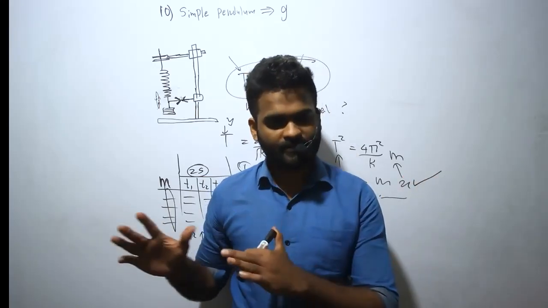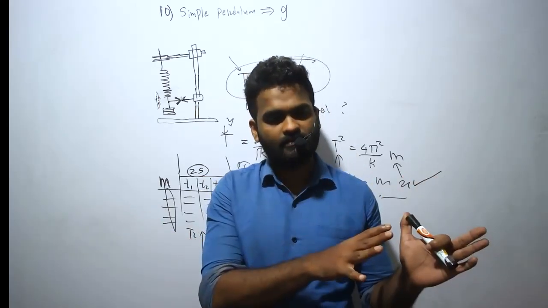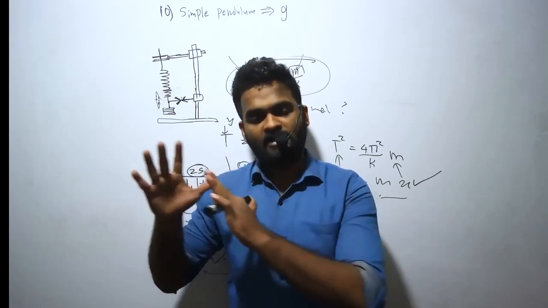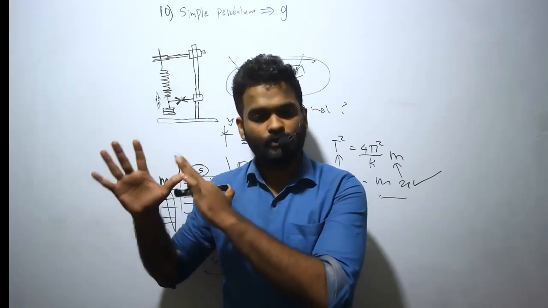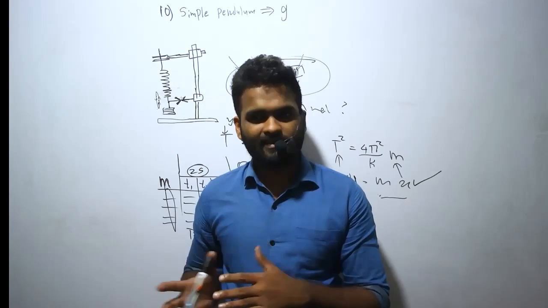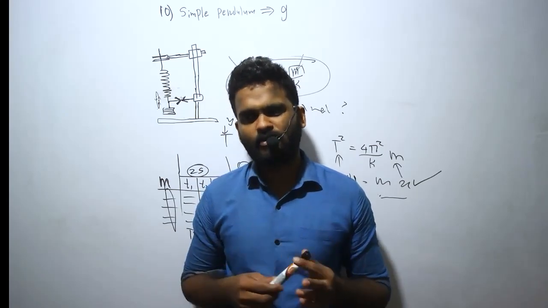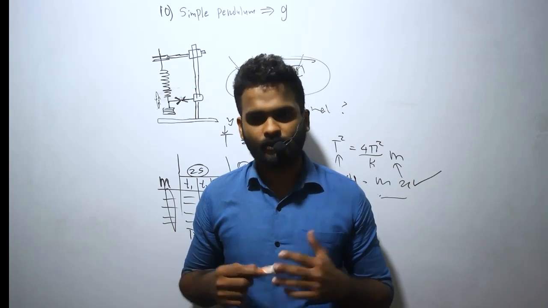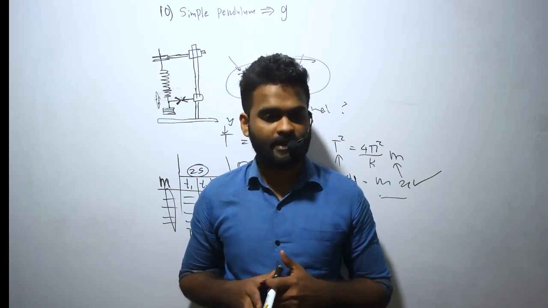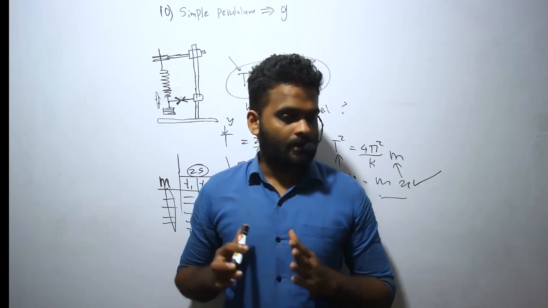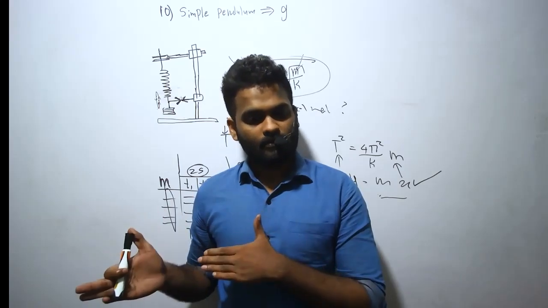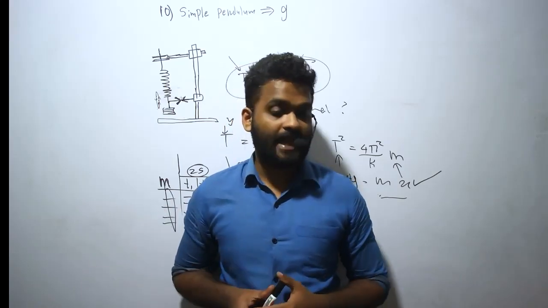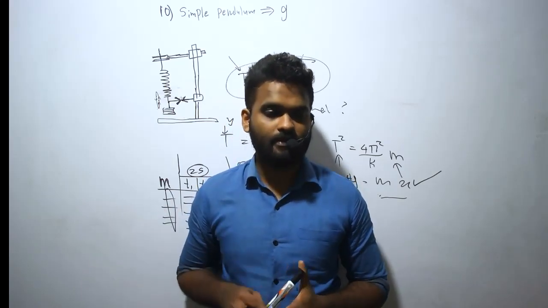So everything given in theories must be proved using experiments. Otherwise, those theories are not considered valid. Those are just theories. That's why they give a very important position to these experiment questions.